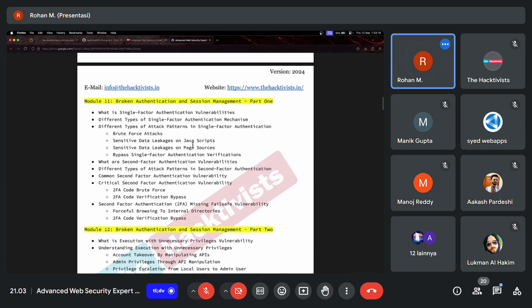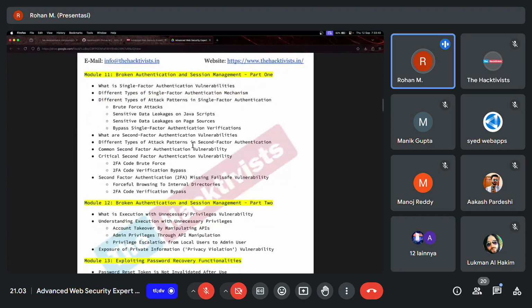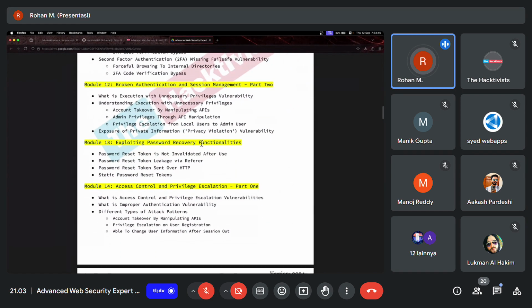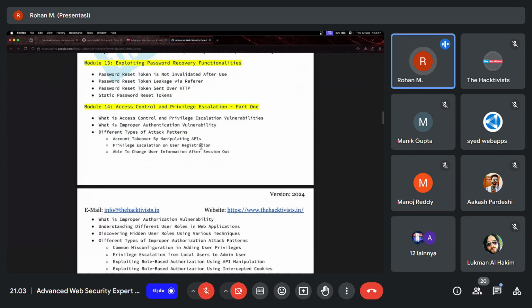Again, at this moment as I speak, for all of the modules, for all of the topics, we have multiple live websites, so the probability is low that I will require any of the labs, but still at least 90% in the worst case scenario will be demonstrated on live websites, so that you get an idea of how things look in real life, when you are working on any project or any modern-day web application, how the vulnerable web application will look.